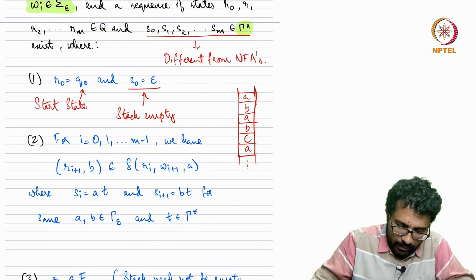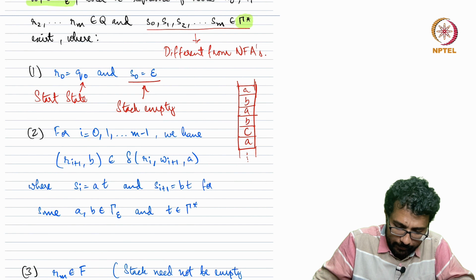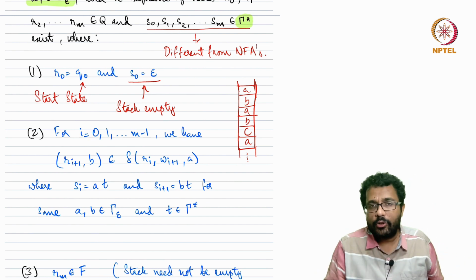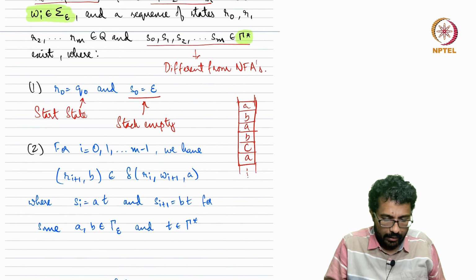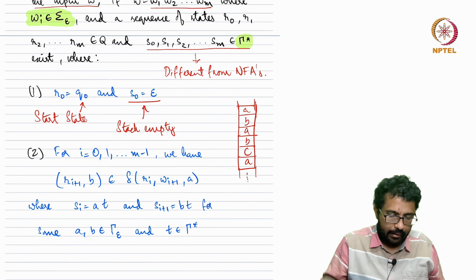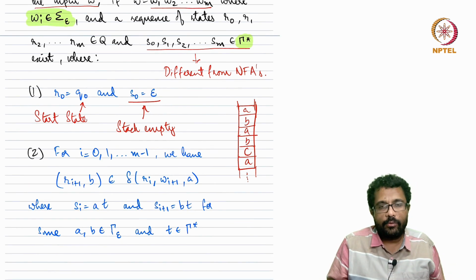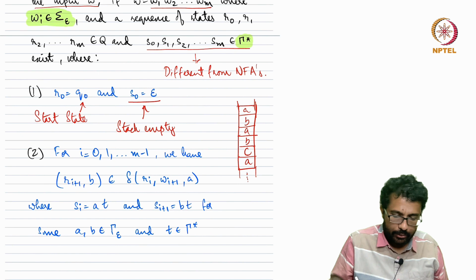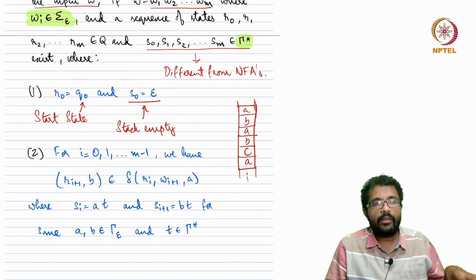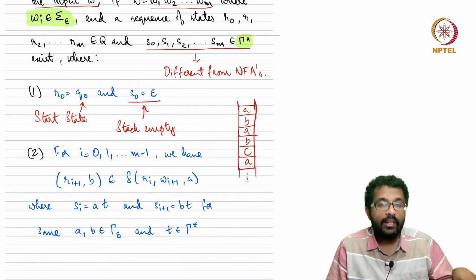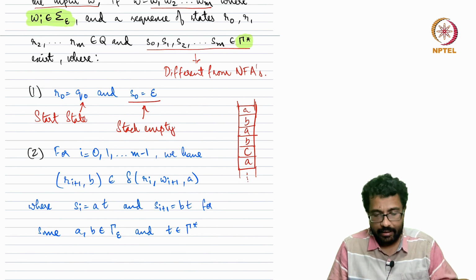And the next rule says that all the transitions should be proper. Meaning, at the ith move, or the i plus 1th move. Initially move 1 takes you from the 0th state, which is a start state, to the first state.